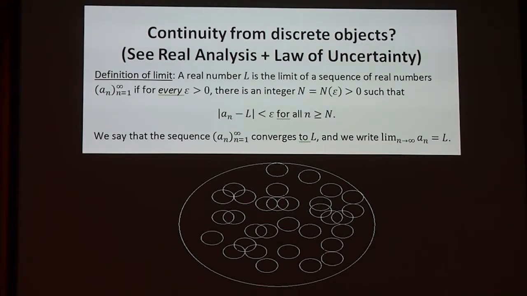So in a nutshell, the sequence converges to L if its elements can get arbitrarily close to L. The distance between them will go so small that we can pick any small number greater than 0, and it's still smaller than that.